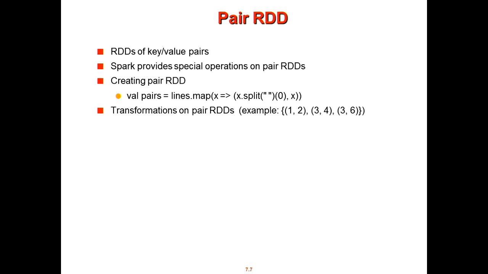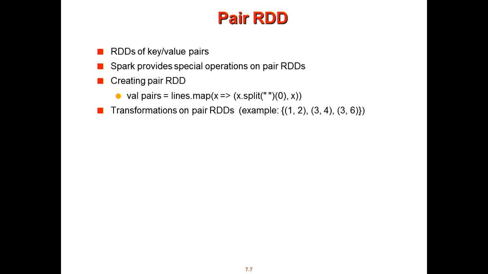Pair RDD is almost the most widely used type of RDD in Spark, because by using pair RDD, many algorithms in MapReduce can be transformed to Spark almost directly, because there are map and reduce functions in Spark as well.